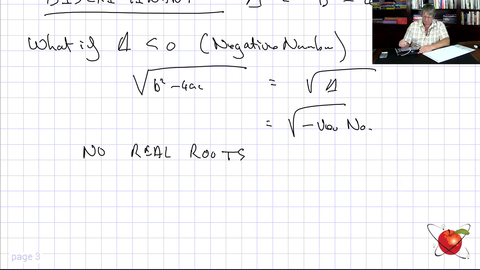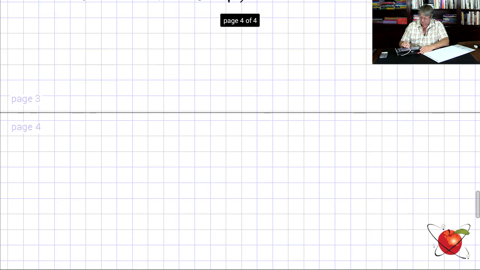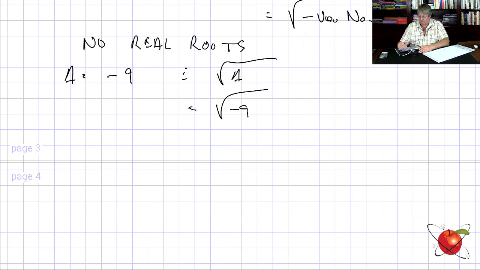It's not possible to do that. Let us say, just for argument's sake, we worked out delta was equal to -9. Therefore, the next step is we're going to take the square root of delta, which is the square root of -9.